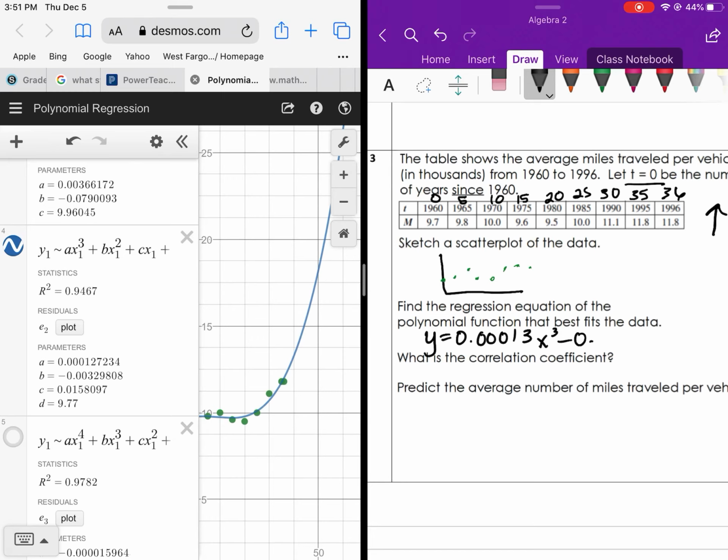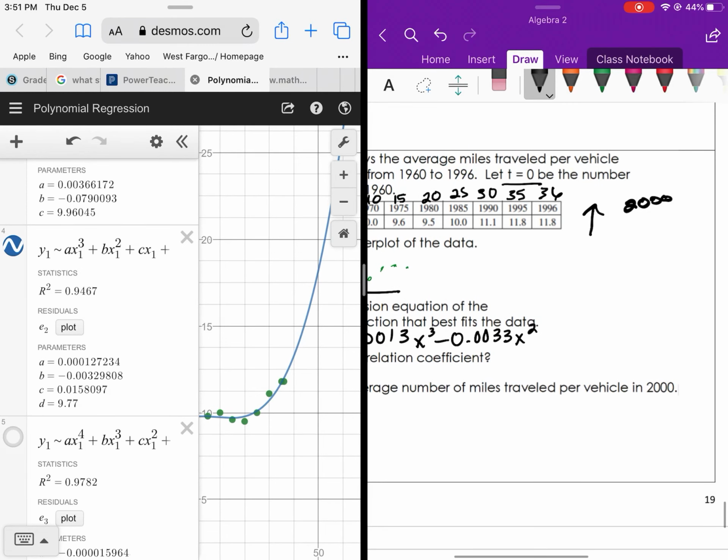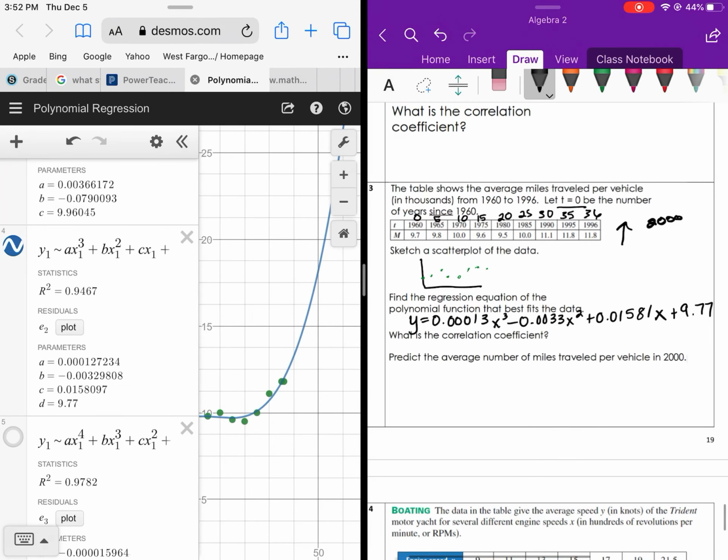I used 5, so I'm going to use 5 again. 1, 2, 3, 2. Actually, it would round up to just 3. And then that's x squared. Then c is your next coefficient, so plus 0.01581x. And then d is your last one, so d is your constant. So that would be the equation.